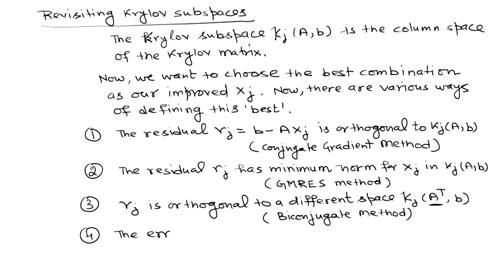The next strategy is that the error in the jth iteration has minimum norm, and this strategy we follow in a method called SYMMLQ. In this way we have these 4 Krylov subspace methods based on defining this best in different ways.